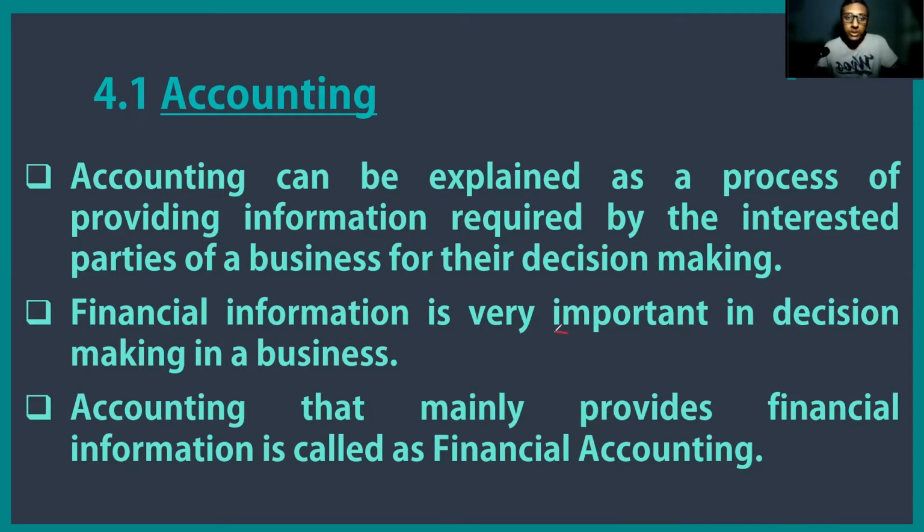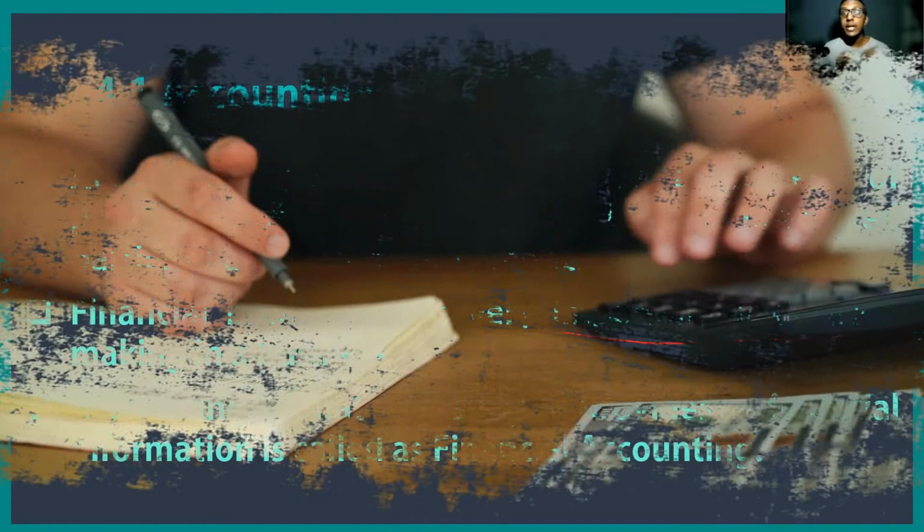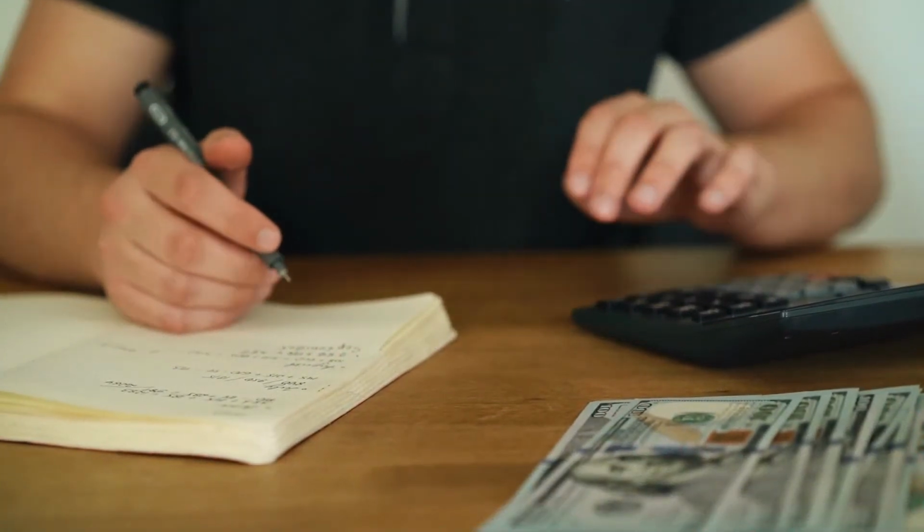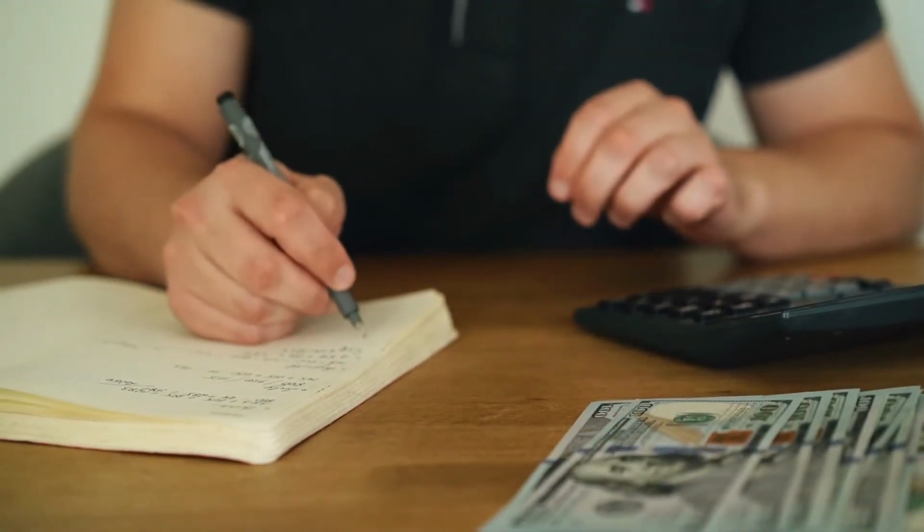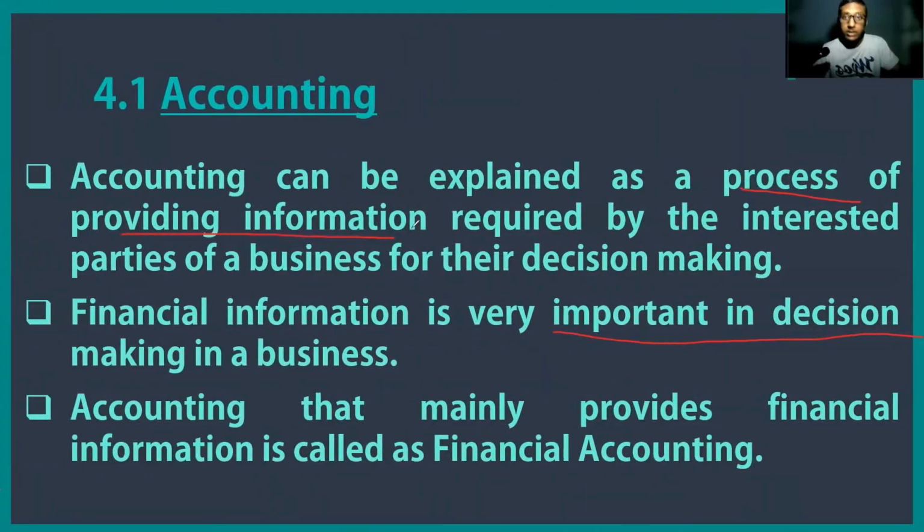Financial information is very important in the decision making of a business. That's why we need accounting, right? Let me move to the first sentence. Accounting can be explained as a process of providing information, and which kind of information?